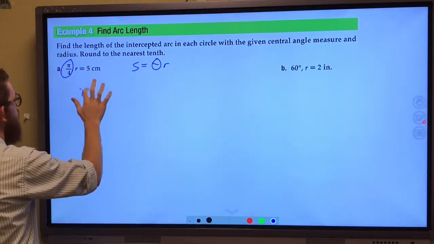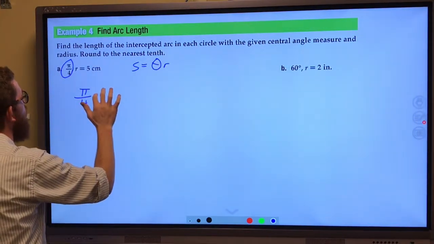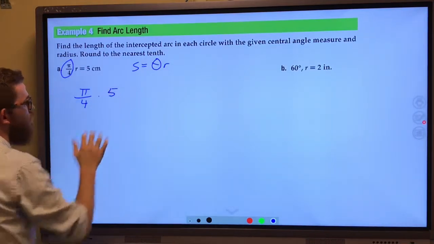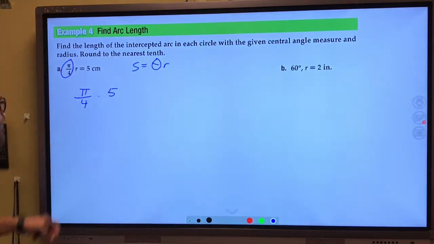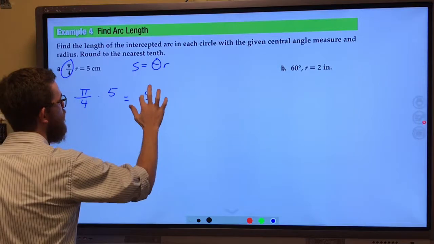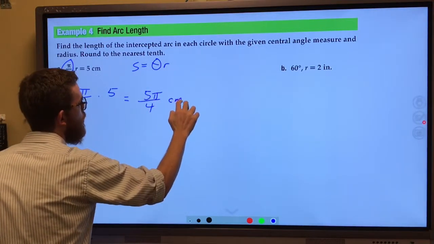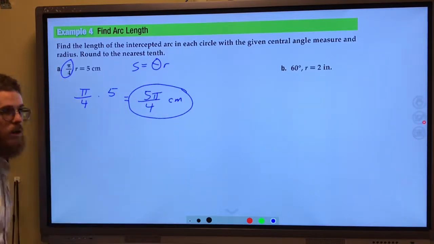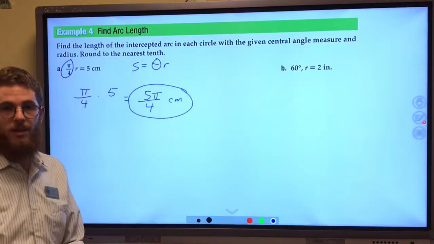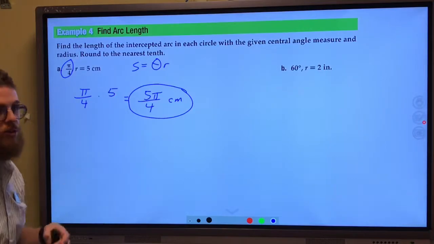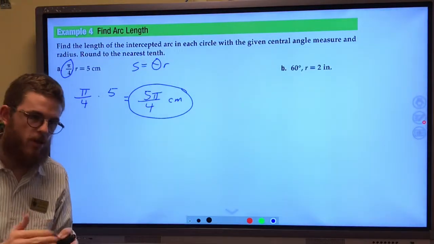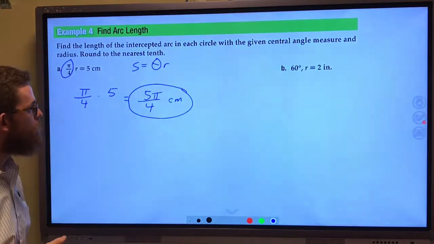So pi over 4 times 5. If we multiply that out, we get 5 pi over 4 centimeters. I would rather you keep it in exact form, but if you round it to the nearest tenth, you could plug it in your calculator and get 1 decimal place.